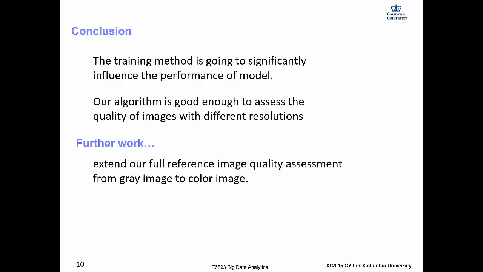So we can draw the conclusion that the training method significantly influences the performance of the model, and the linear regression model is not so suitable for training an image quality assessment model. And our algorithm is good enough to assess the quality of images with different resolutions. One possible further work is to extend our algorithm from gray images to color images. Thank you.